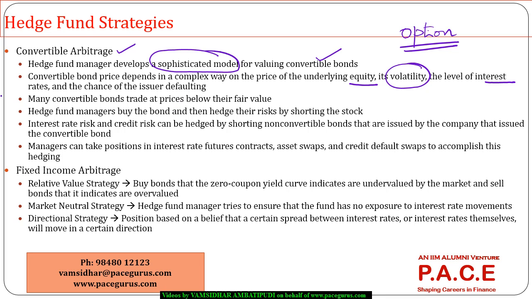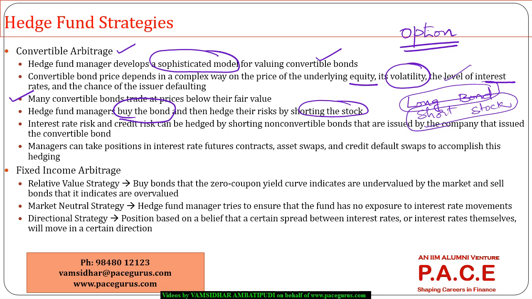In many real-world scenarios, convertible bonds are typically priced below their fair value, and this is what hedge fund managers take advantage of. They buy the bond and hedge the risk by shorting the stock. So they go long on the bond, and wherever the convertible possibility is there, they go short on the stock. If the bond value increases in the future, they make a big profit. Similarly, if the share value falls in the future, they also make a big profit.